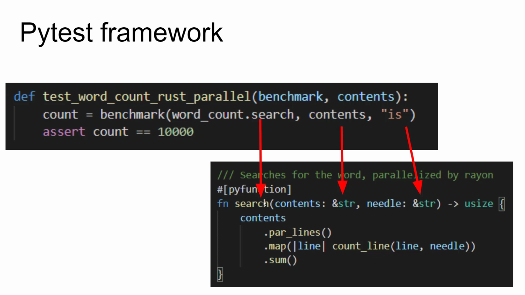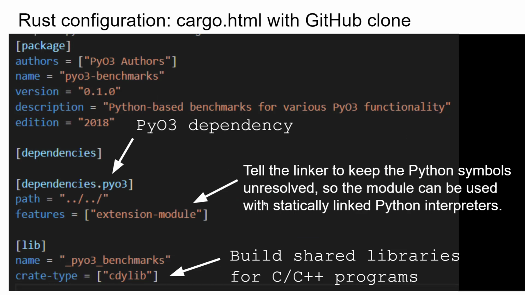Now, we need to do some additional work in Rust to be able to set up our project to use PyO3. And we do that by modifying the Cargo.toml file. And in here, we just need to add the PyO3 dependency.